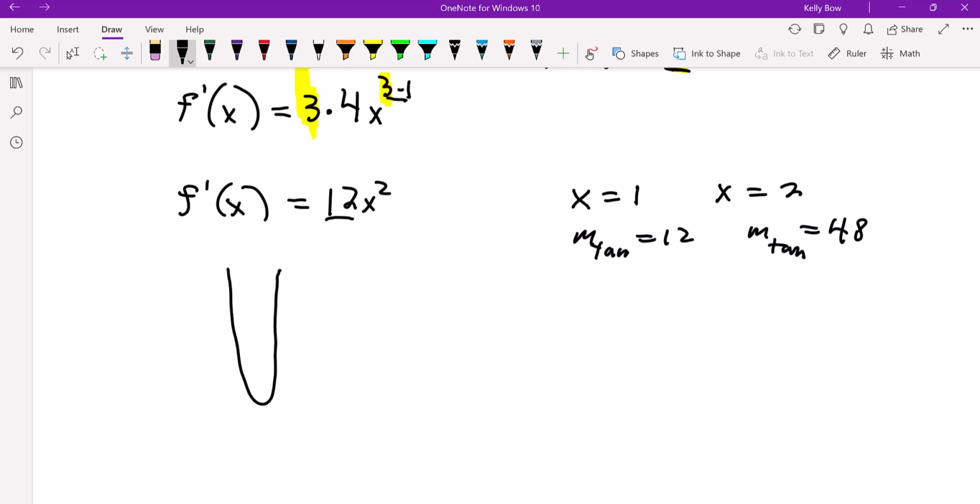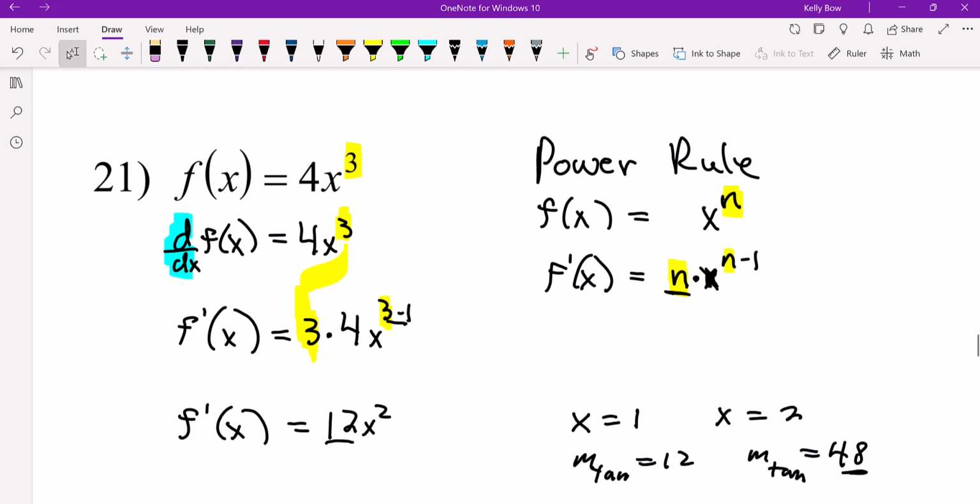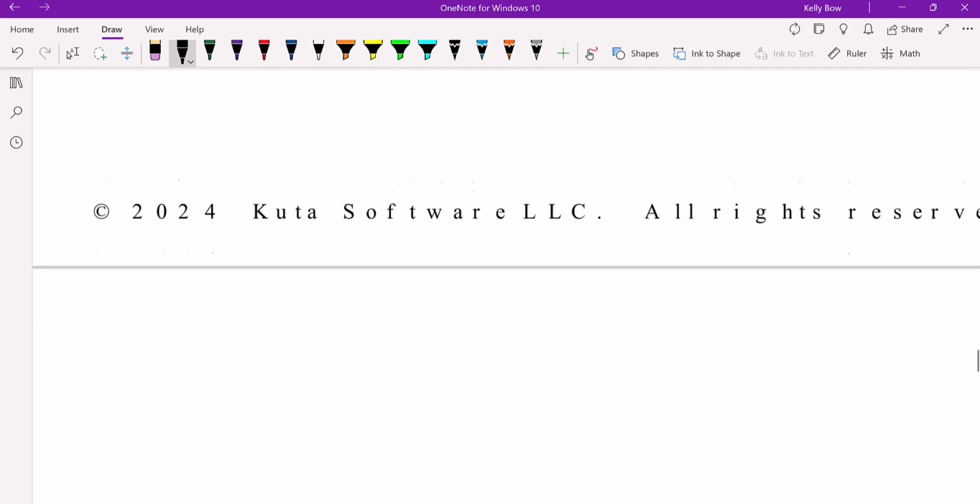Well, when x is 1, our slope is still steep, but when we put a 2 in there, we're clear up here. Look at this. That slope is very steep. All right, so that's the power rule. Let's go back up. The power rule says that the n comes in front, and then the exponent becomes n subtract 1.